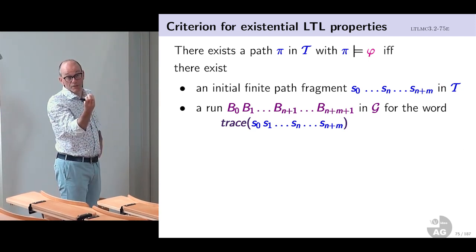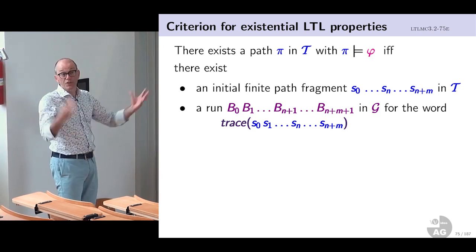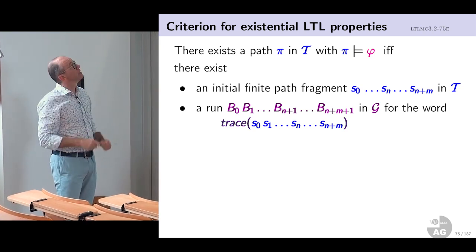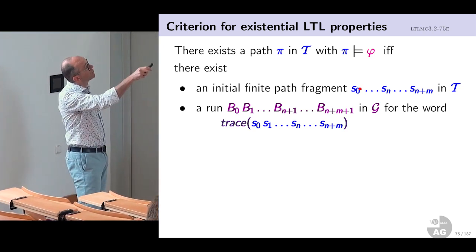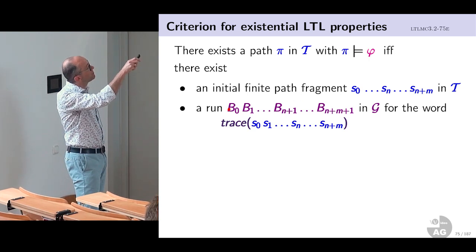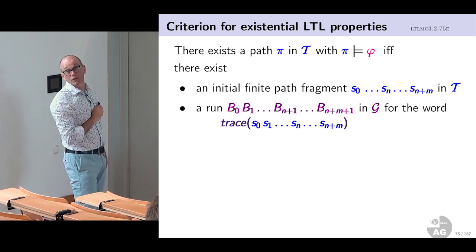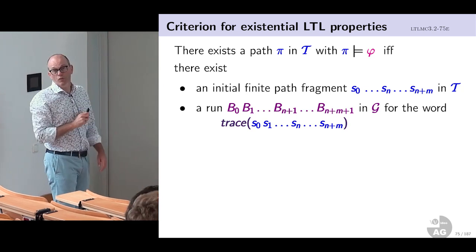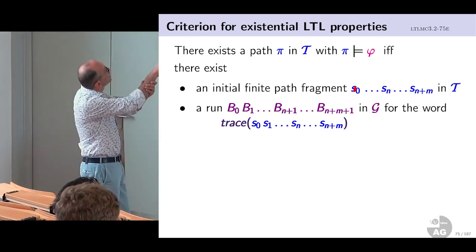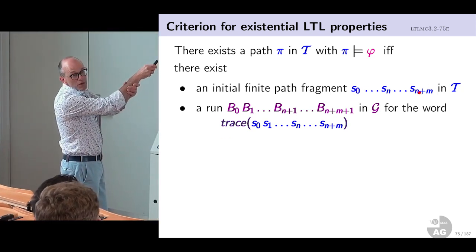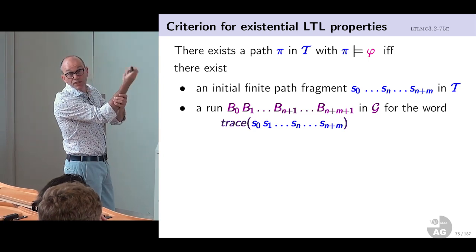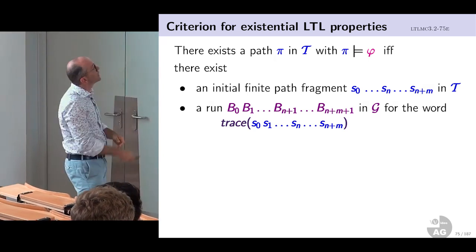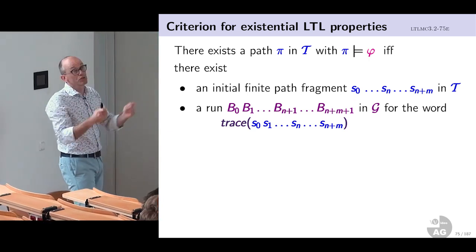Now we look at what that means in the automaton, because we take the synchronous product. In the automaton it means that this fragment in the transition system needs to be matched by a run in the Büchi automaton. For that, you take the trace of this fragment, the atomic propositions valid in those states, as an input word to the automaton.